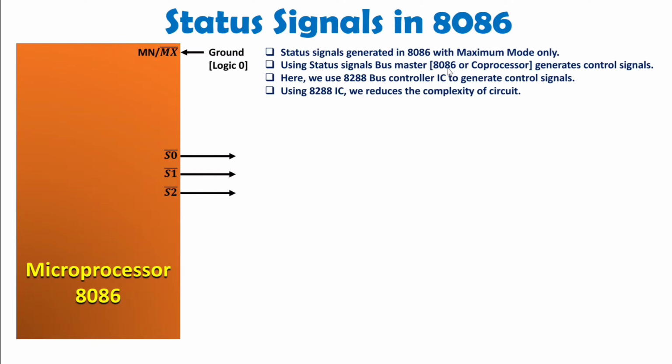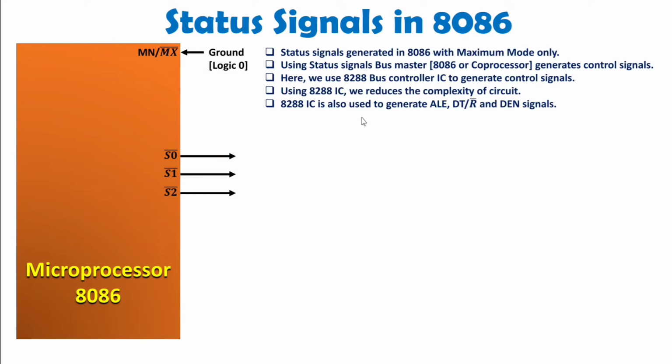The reason is there will be many control signals. So if this 8288 IC is the only one generating control signals, then only those control signals that we need to interface with memory as well as IO devices will be there, right? So it will reduce the complexity of the circuit.